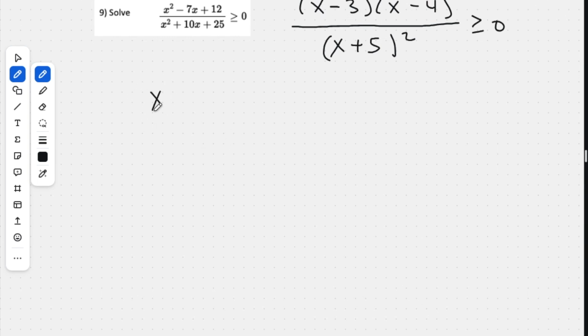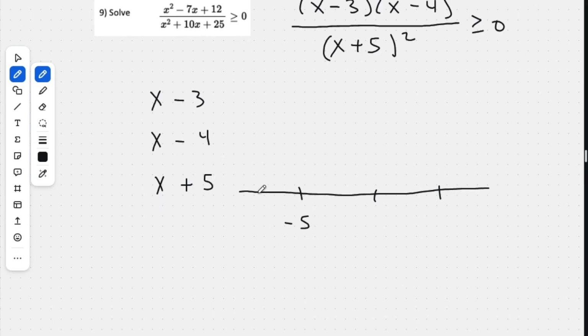So we'll set up our sign chart: x minus 3, x minus 4, and x plus 5. So I have solutions or zeros at negative 5, at 3 and 4. So negative 5, I'm going to put a u on that one.